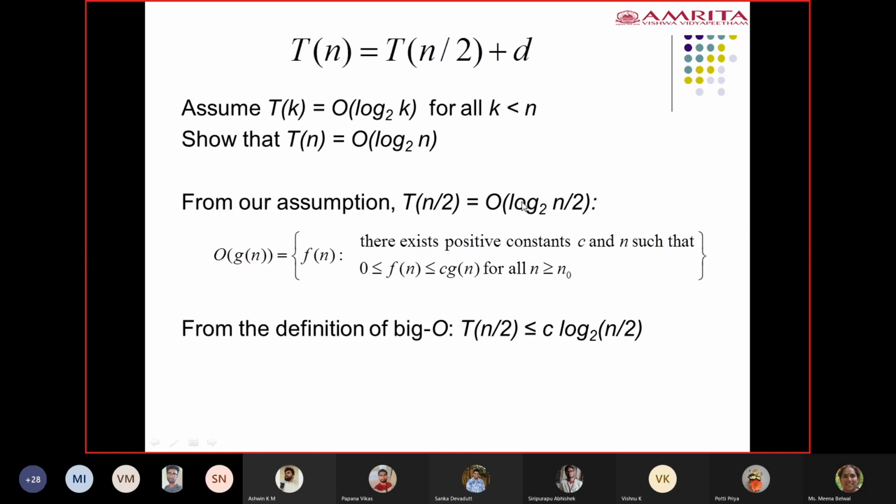Now if I am saying f(n) is equal to O(g(n)), I should be able to have this inequality: f(n) is less than or equal to c·g(n). This is the definition of big O. Simple. I have just put it here because we assume this is correct.